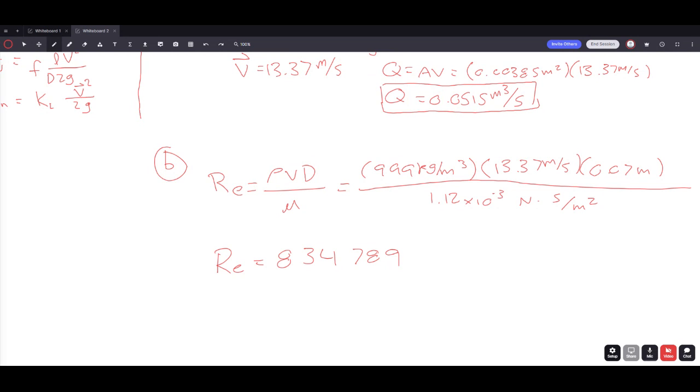So it's just obviously turbulent. Also, if you look at the Moody diagram, it puts it well over into that section on the right where everything is wholly turbulent. Yeah, so that's part B.